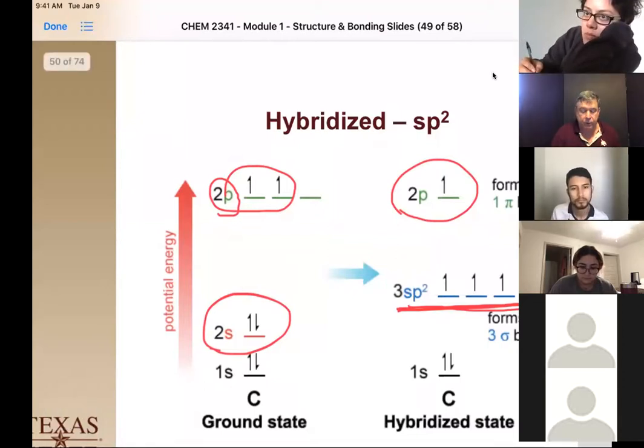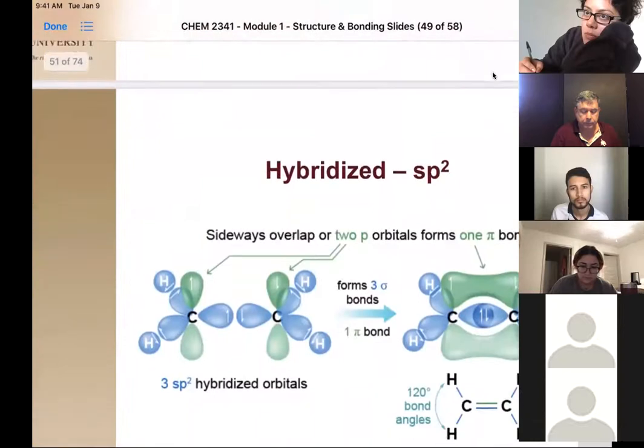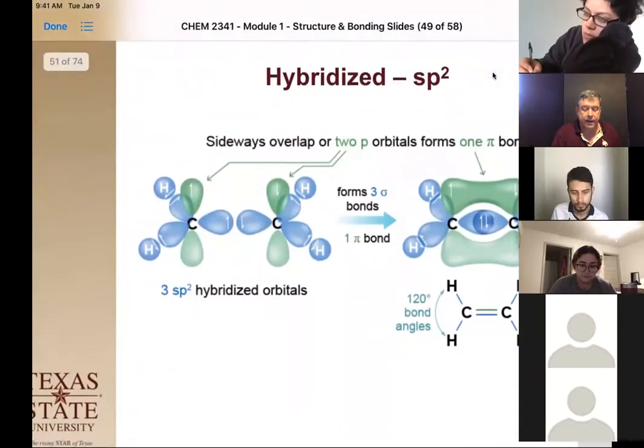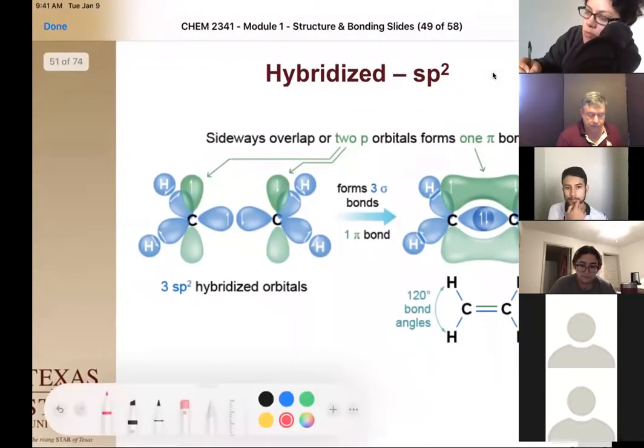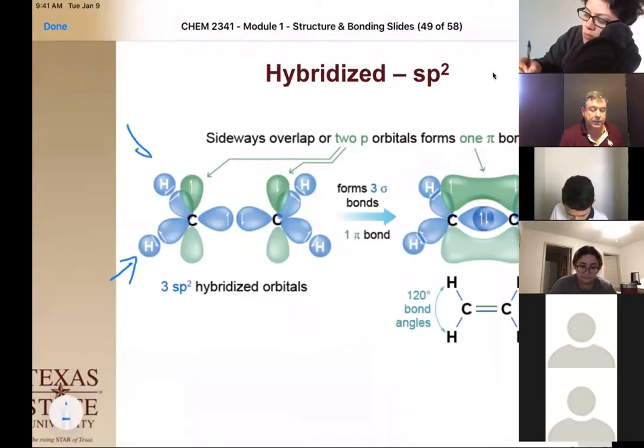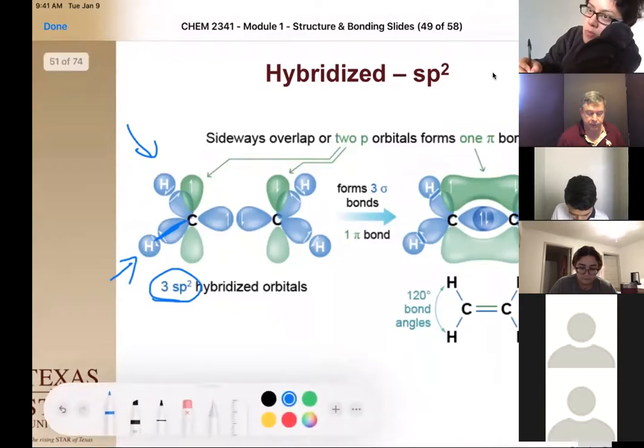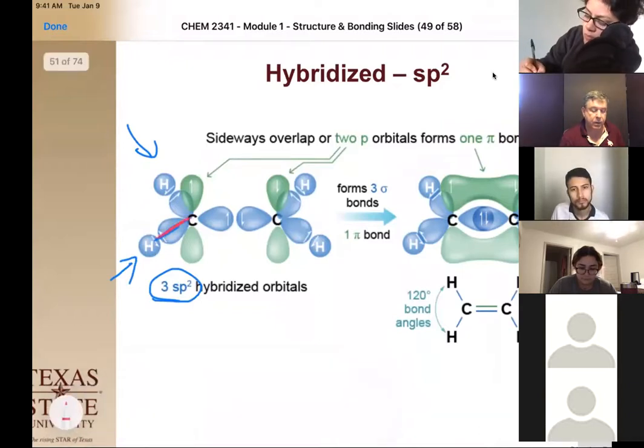Okay, so what would that look like? If we did that right here, these blue orbitals are representing those sp2 hybridized orbitals, and we have a total of 3 of them. So in this case, let me change the color. One of the orbitals is bonding to a hydrogen here.